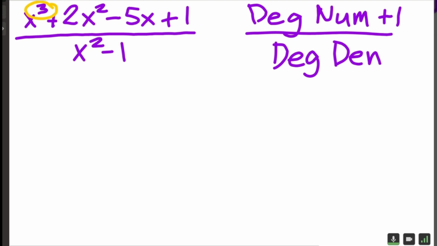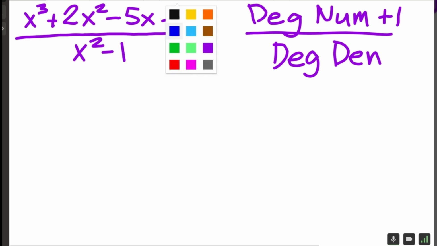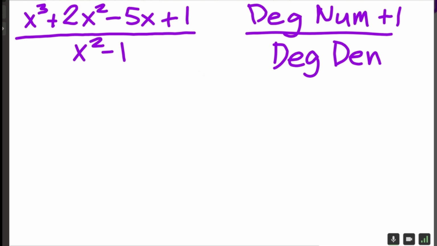That puts us right in the category of having a slant asymptote. So we can move forward with either synthetic division or polynomial long division. Polynomial long division is what you have been doing, so we will go ahead and do that.